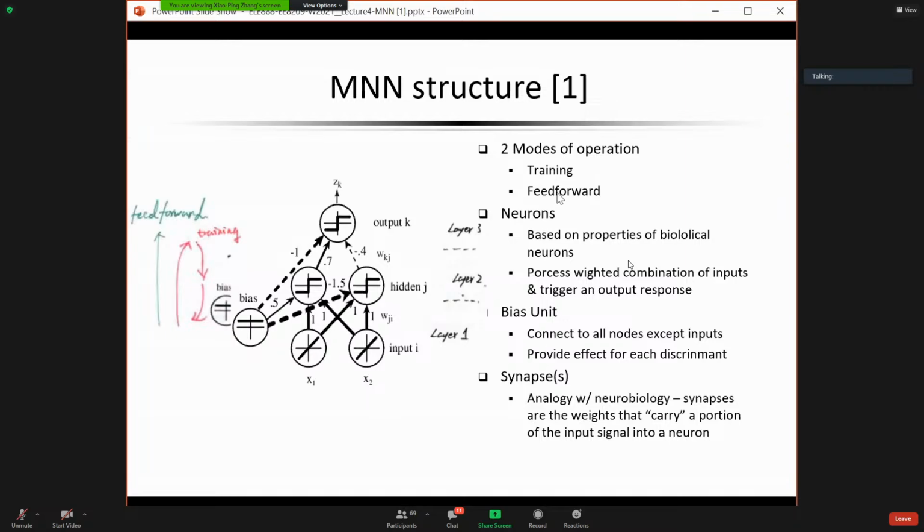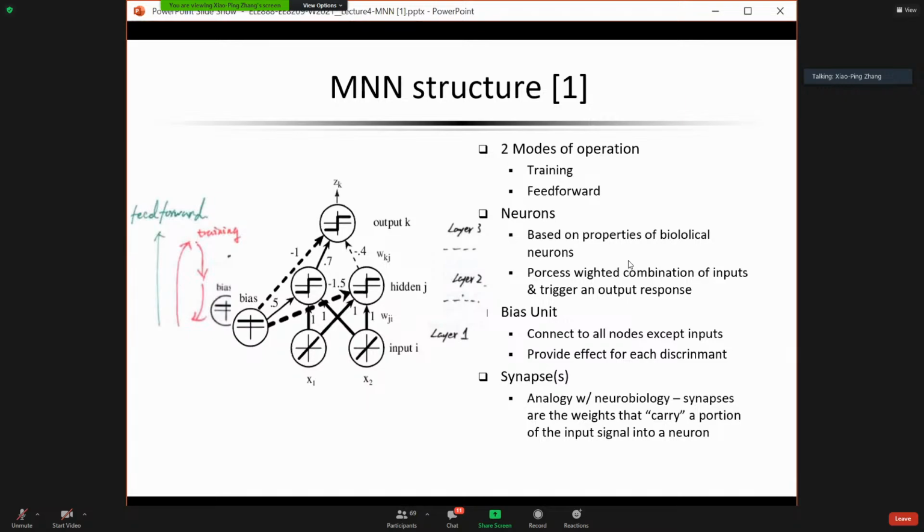Neural network has 2 modes of operation. The first one is training. This is actually not just neural network; for all machine learning methods, the first step is training.